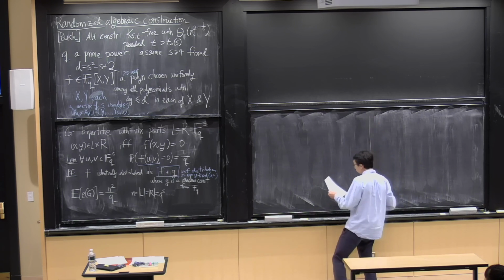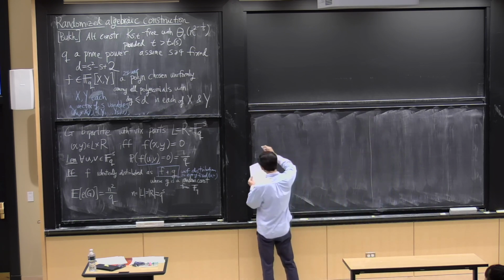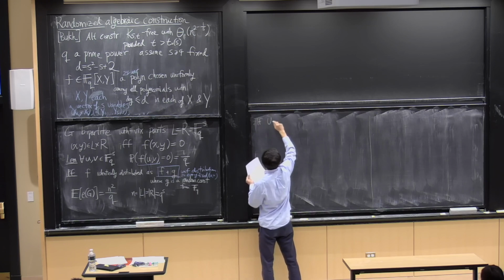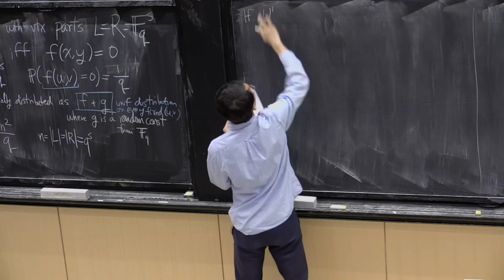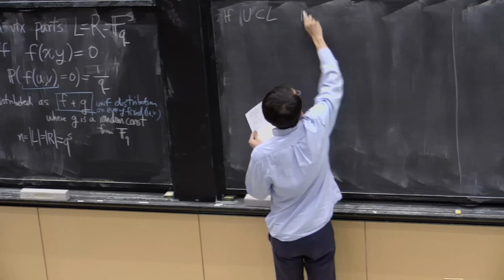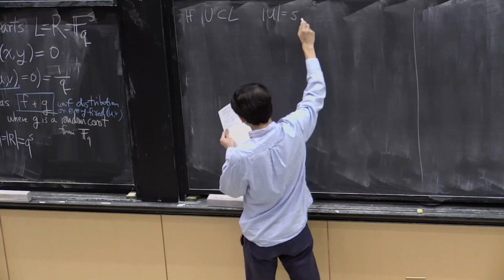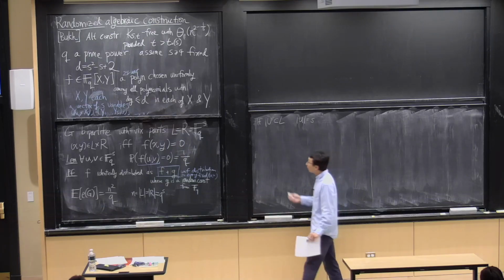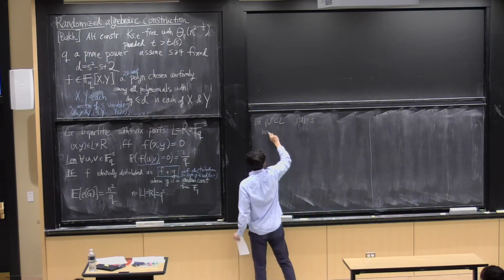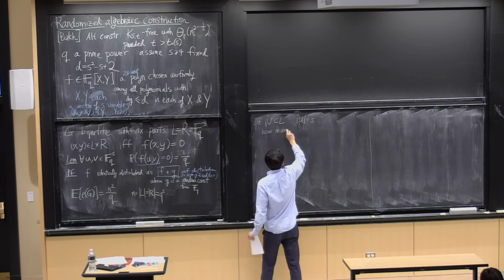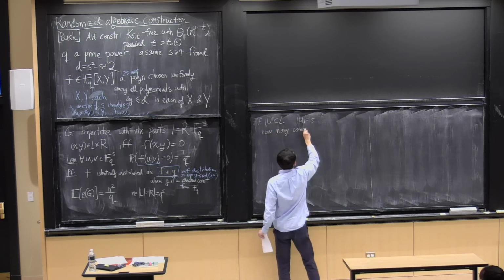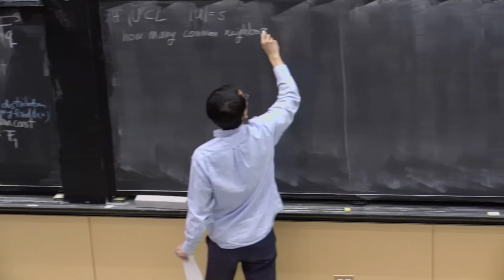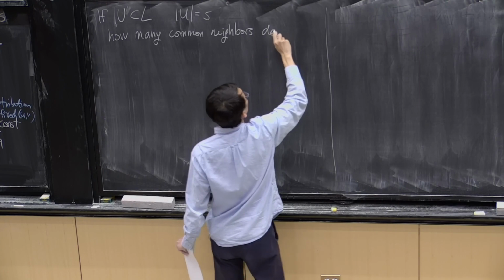If you fix some u on the left side, let's say s vertices, I want to understand how many common neighbors does u have.